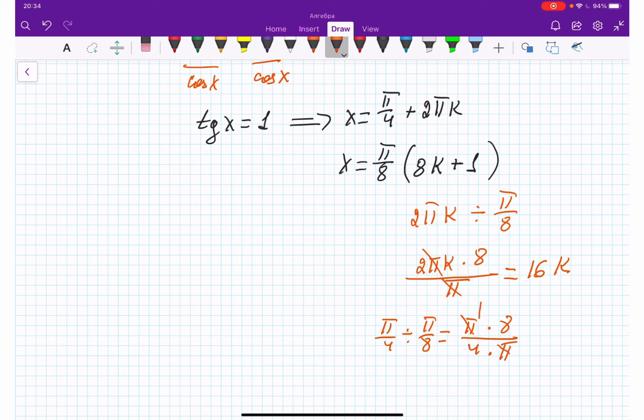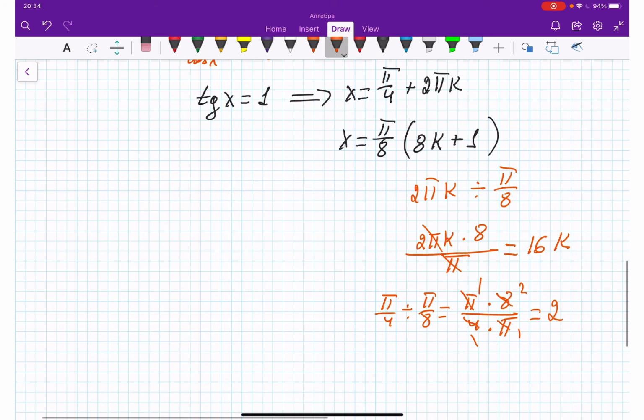This is 1. This is also 1. 1 and 2. Here we are getting 2. So from here we will have pi over 8 we take out. From pi over 4 will be left 2. And from 2 pi k it's going to be left 16k. Right? Okay.